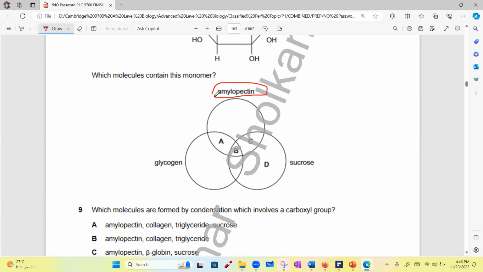Amylopectin is part of starch. Amylose and amylopectin make up starch. Sucrose, glycogen. Do they all contain alpha glucose or not? Yes, they all do. So what's the answer? B. Very easy questions.